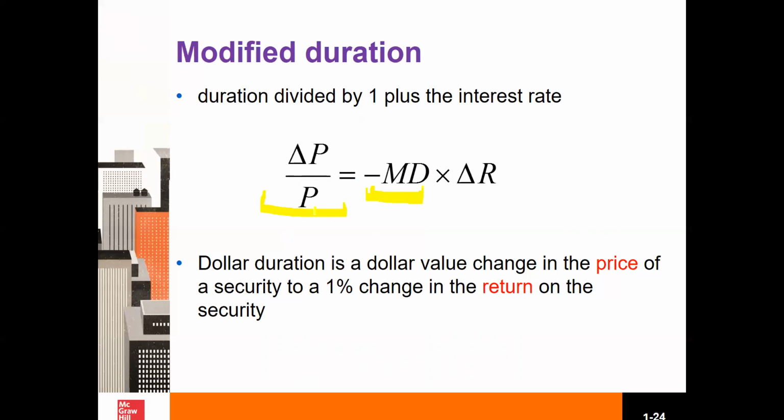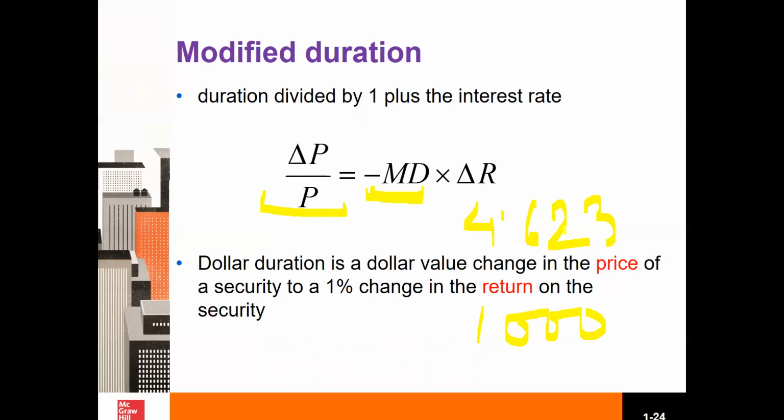Let me give you an example very quickly. Let's say that the modified duration of a security is 4.623. If the price of a bond is 1,000, then as we multiply the price 1,000 by 4.623, we will get 4,623.